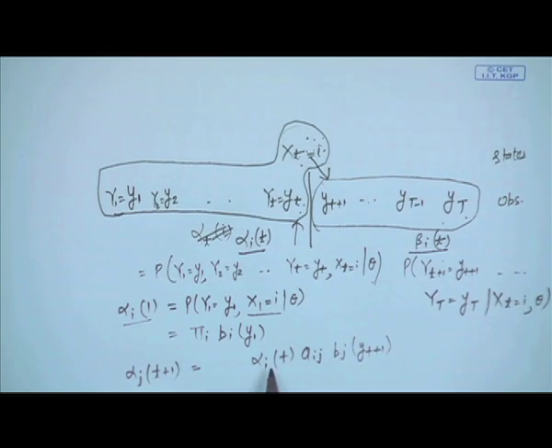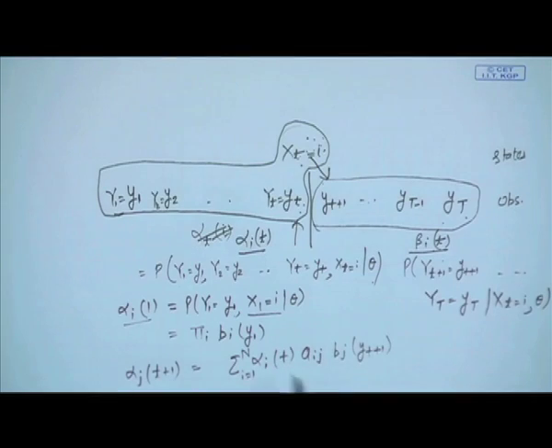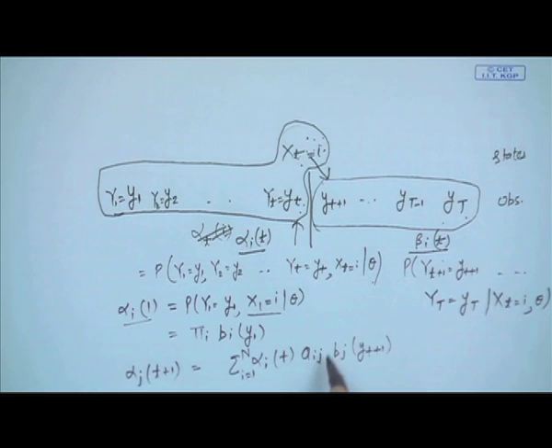And this I can obtain from any of the previous states, so I have to sum over all the possible states here. From all the previous states at the tth time step, I can be in state I, have the transition probabilities and the emission probabilities for t plus 1, and that's how I can compute alpha j t plus 1 from all the alpha ITs. So this is how you can compute your alpha j in a recursive manner, starting from alpha I1.